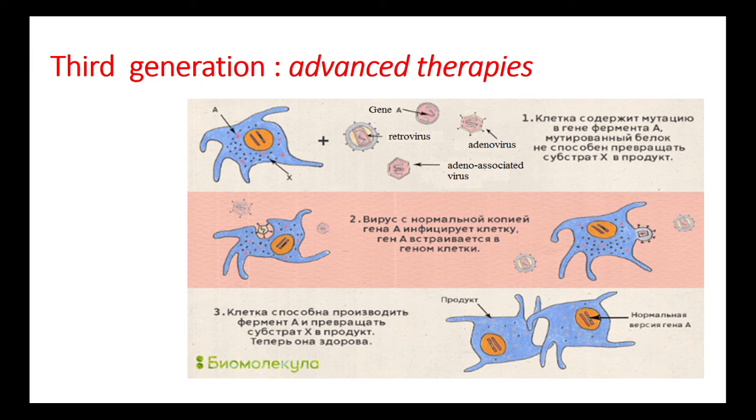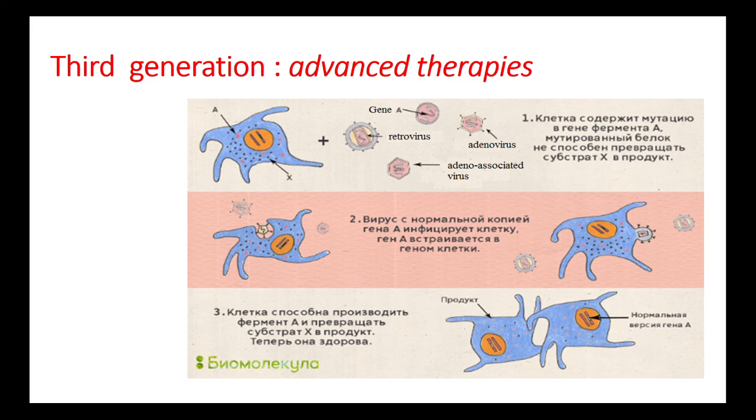And here you can look at the third type of drug therapy, gene therapy. I said at the start of the lecture that this is advanced therapy. How does it work? You need to remember this info. Here we will use a genetic construction.